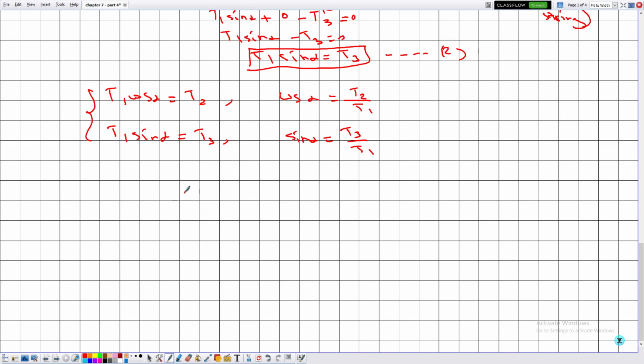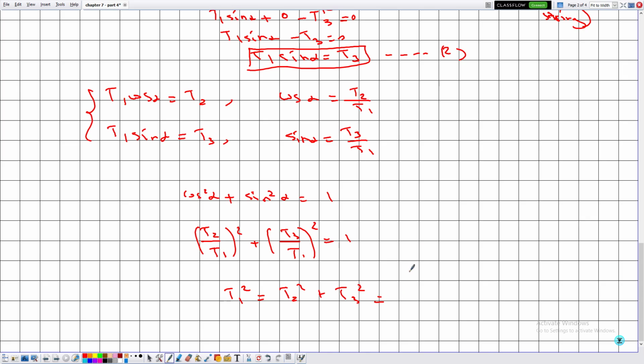So cosine squared alpha plus sine squared alpha is equal to 1, then (T2 divided by T1) squared plus (T3 divided by T1) squared is equal to 1, which means that T1 squared is equal to T2 squared plus T3 squared.